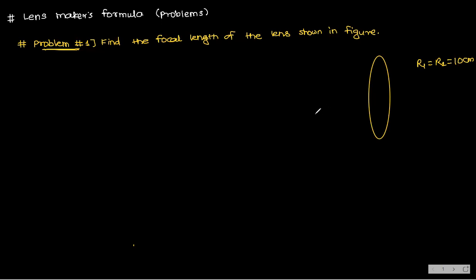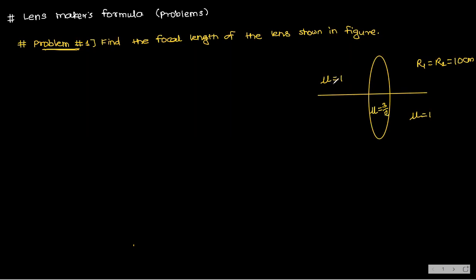The medium surrounding the lens is air, and therefore refractive index is equal to 1. Even this side also refractive index is equal to 1, and inside part its refractive index is how much?